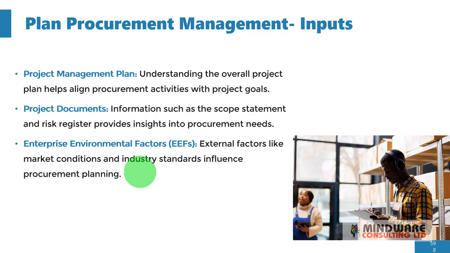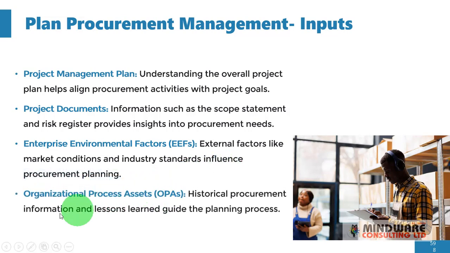You also look at the industry standards as well, the various industries, the trends in the industry. Where is it going? So you're going to have these things in view when you're planning your procurement. And then we have organizational process assets, OPAs. These are historical procurement information and lessons learned, and they guide the planning process.